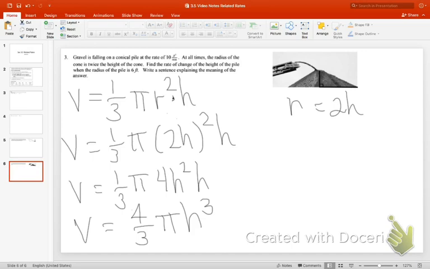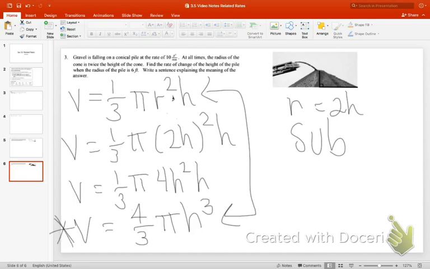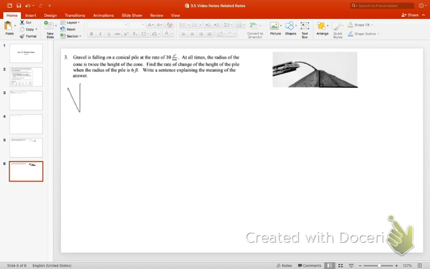This is a simplified form of our original, using substitution of that constant relationship between the radius and the height of the cone. So this is what I'm going to take the derivative of. Okay, so let's clear this out. I have my volume is 4/3 pi h cubed.